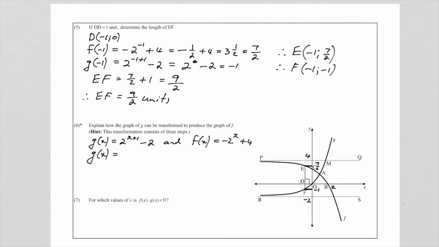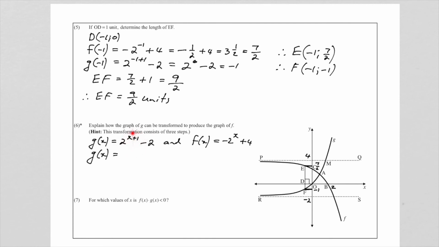If you look at G, you will notice in the equation as well that this graph of G moved 1 unit to the left. Please take note that +1 means the horizontal shift is the opposite sign.